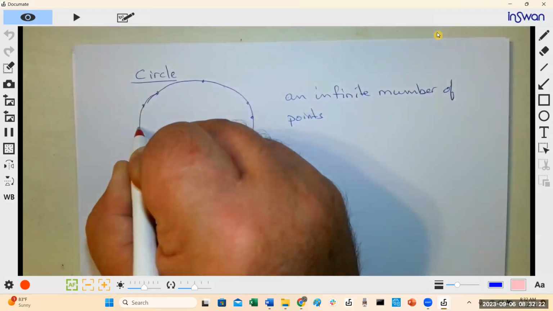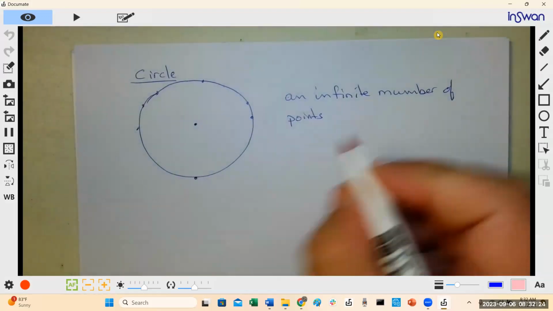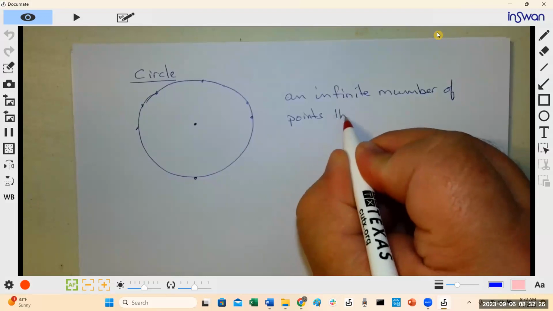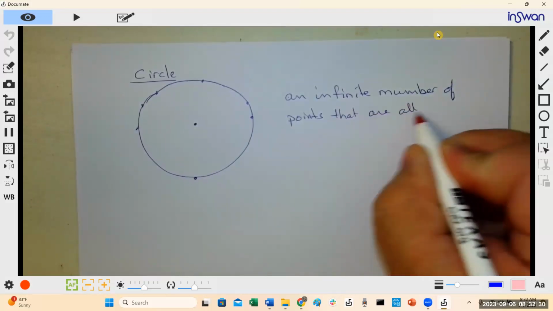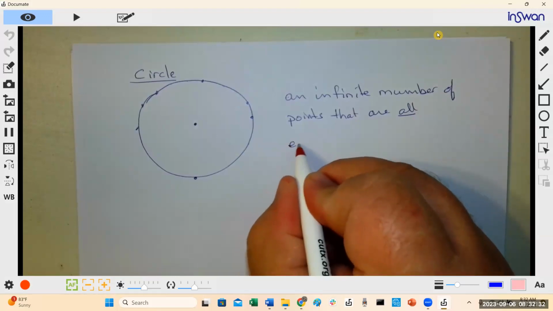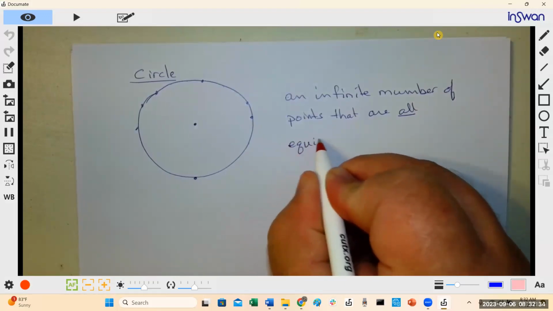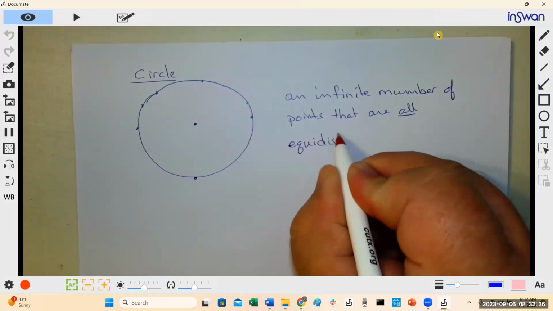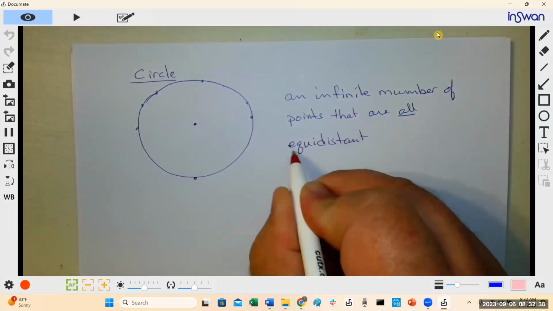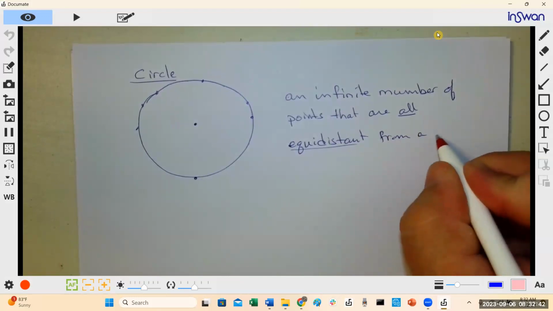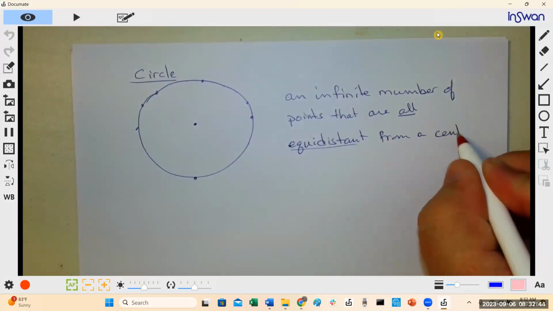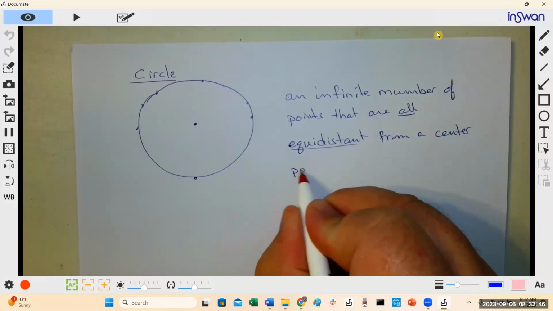There's an infinite number of them, that are all equidistant from a center point.